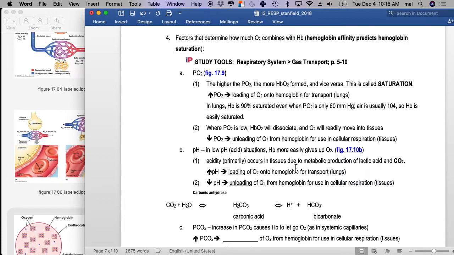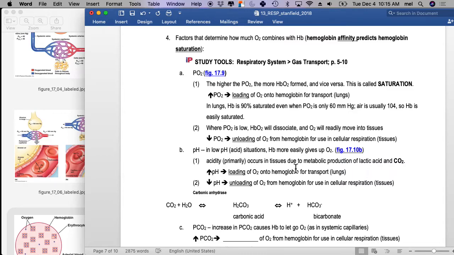Does that make sense? So there are several factors that determine whether you load or unload, and hopefully these will make sense to you. We're going to go through this in your notes as well, but I just want to look at it. The factors that determine whether you load or unload: one of them is just PO2. And that's probably okay, right?